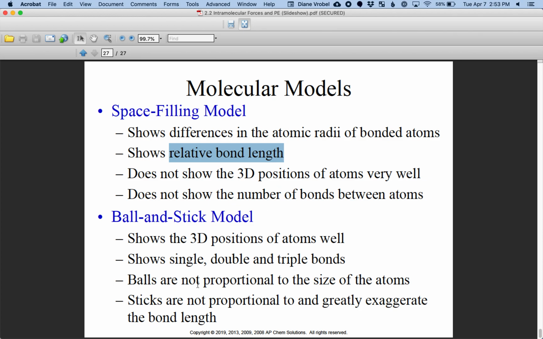Ball and stick, the size of the atom is not proportional, whereas space filling, it does show the proportion. And then sticks are not proportional to bond length, but space filling does show the number of bonds between the atoms.